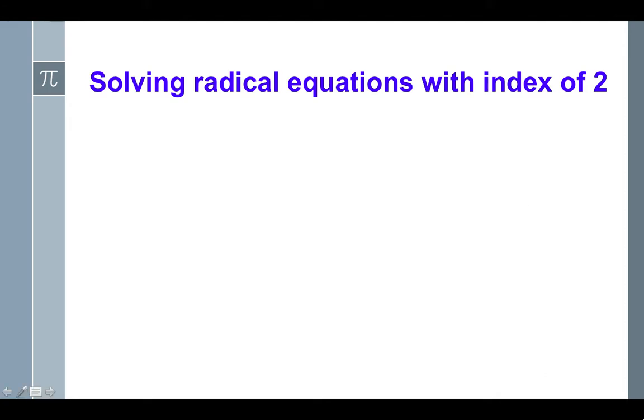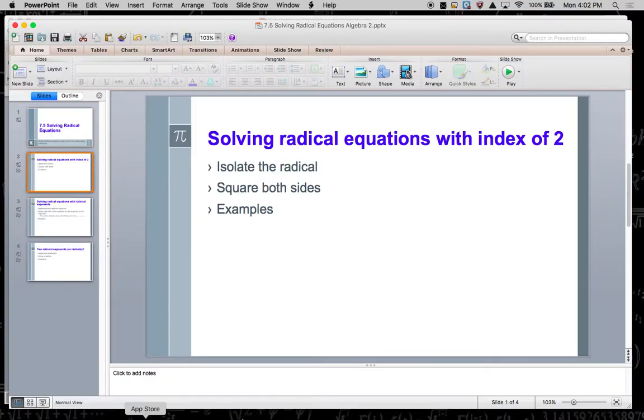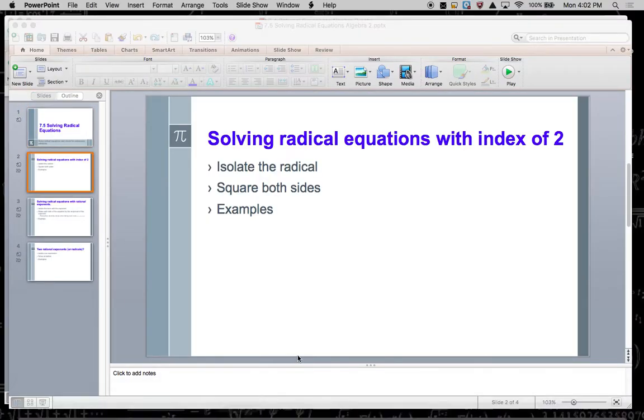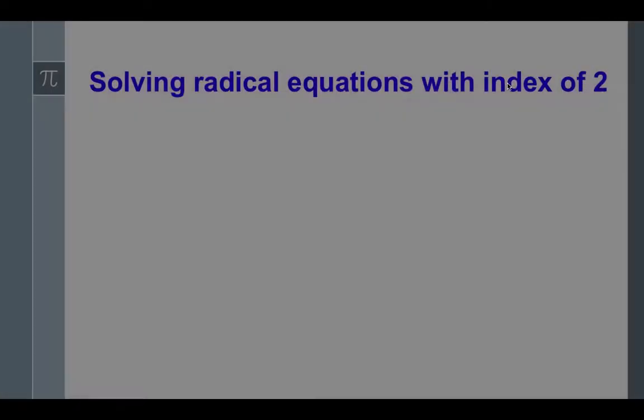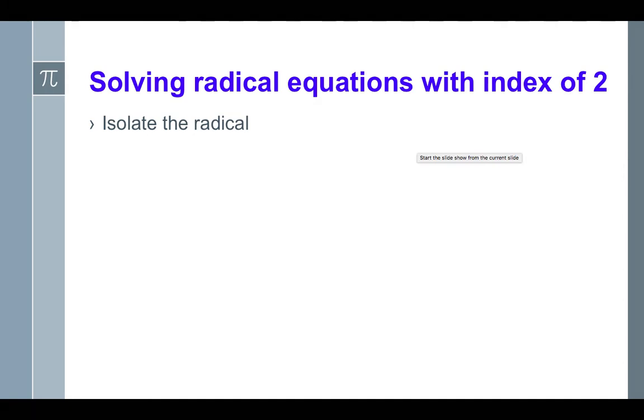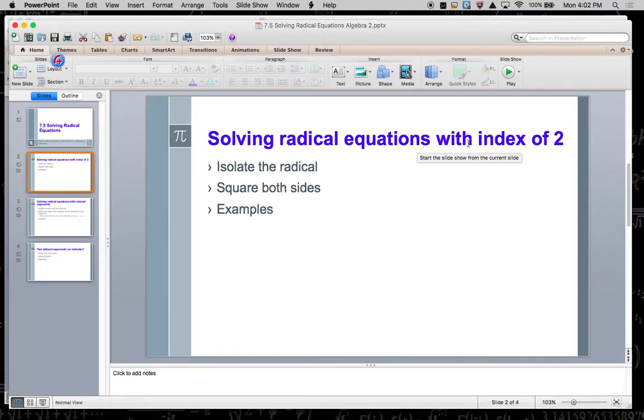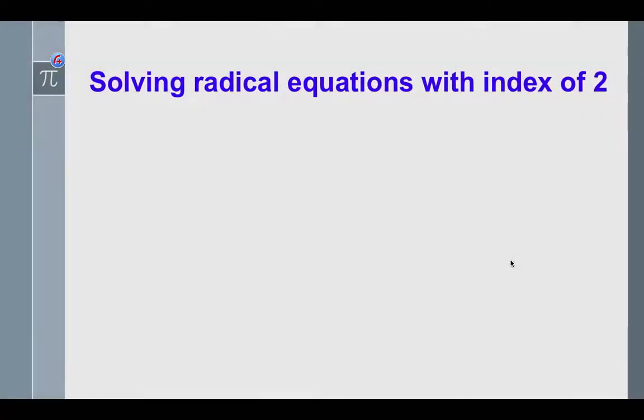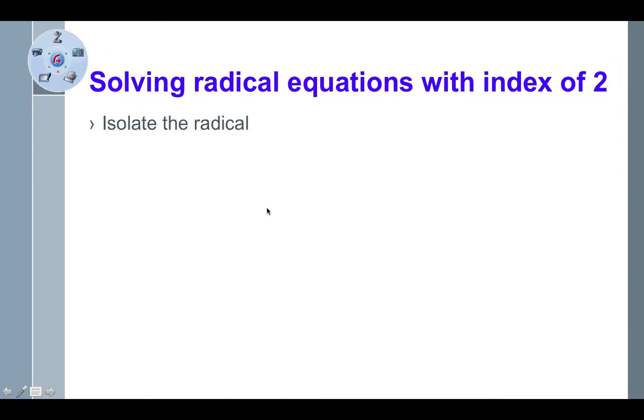The first examples today are going to be for an index of 2, so that means the square root. So we're going to be looking at square root equations. We need to remember, as always, when we are solving an equation, we need to isolate something.